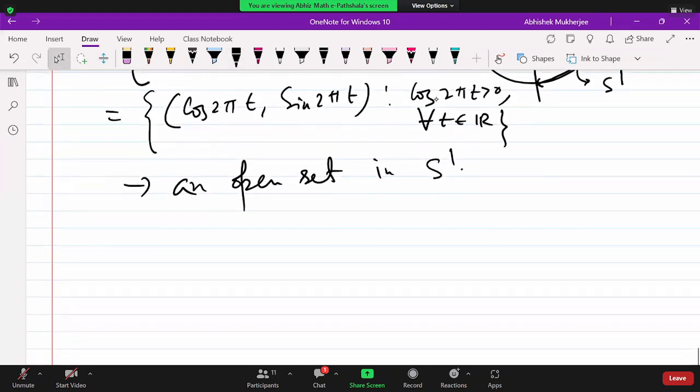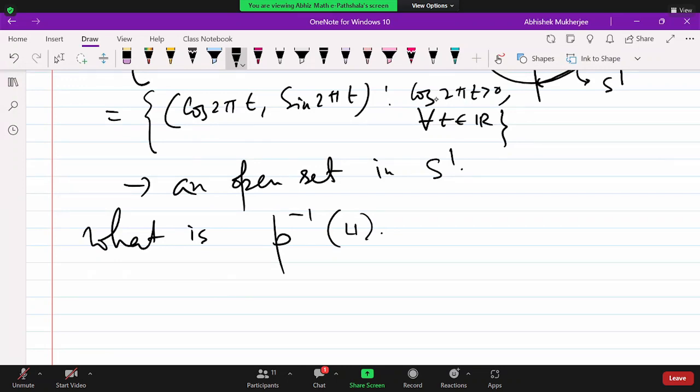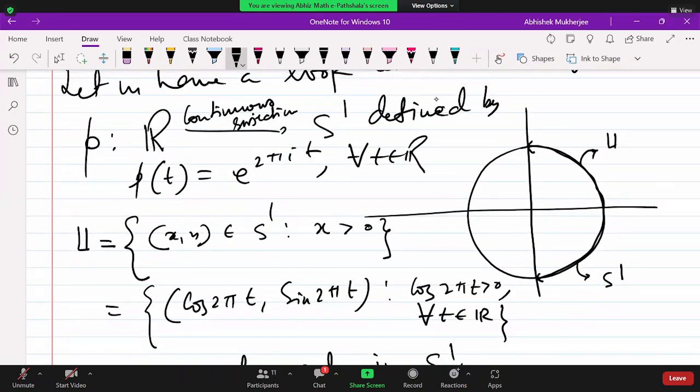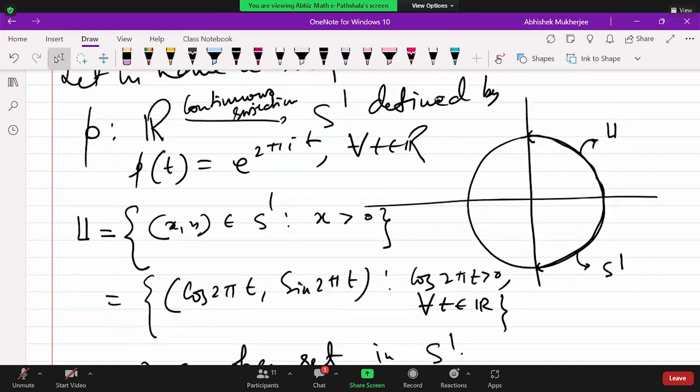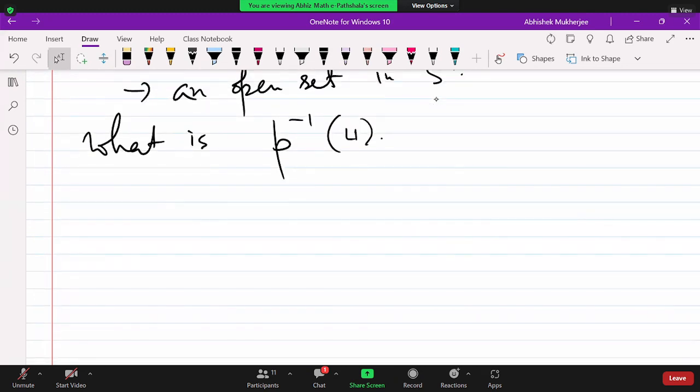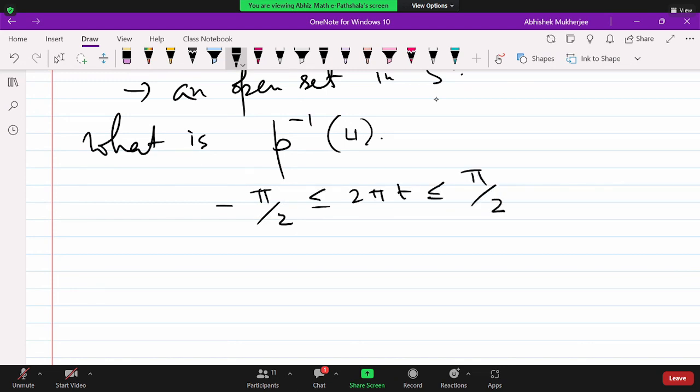Now, what would be the inverse image? So, what is P inverse of U? Well, just look at this open set, and if you are considering the arguments of those complex numbers, that will be running from minus pi by 2 to pi by 2, right? So therefore, this 2 pi t is this, right? So that is, what does it say?